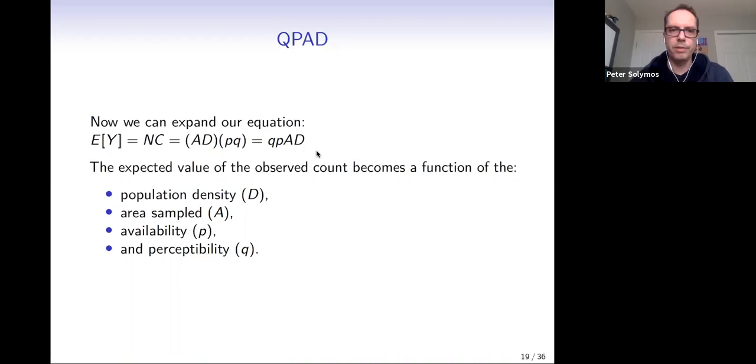And if you rearrange this a bit, then you can read it as QPAD. So we have population density, the area sampled, probability of availability given that the individuals are present, and then probability of perceptibility given that they are present and they are available.